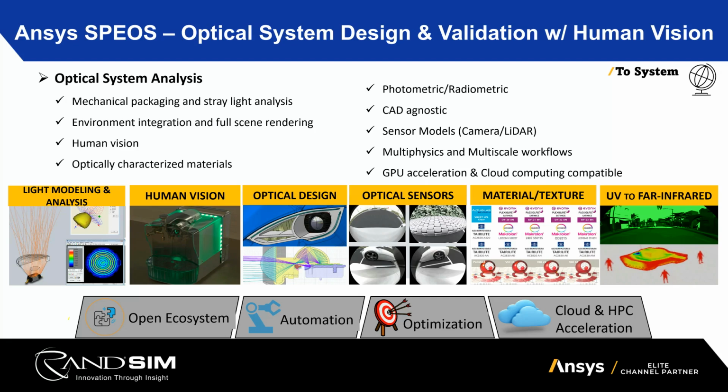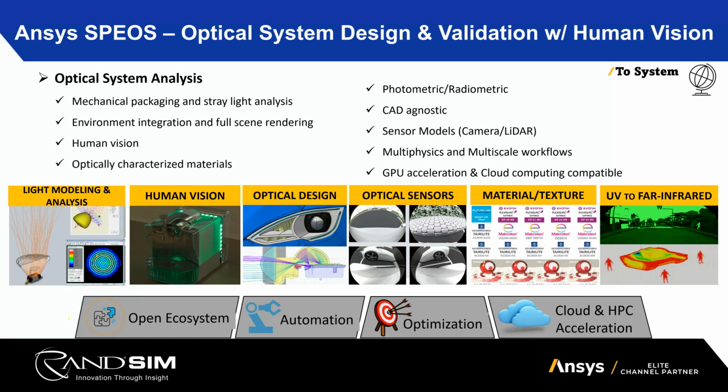It gets very nitty-gritty very quickly. Another note on SPEOS is that it can live inside of SpaceClaim, NX, or Creo. It does work in all three, and it basically simulates as a CAD modeler. We'll see that in the demo. Optimization wise, it does have its own optimizer, but we can also pair it with OptiSlang.